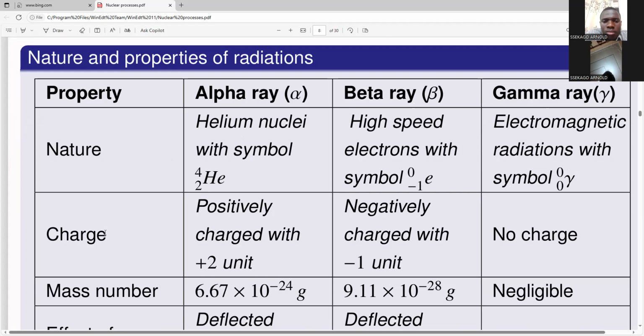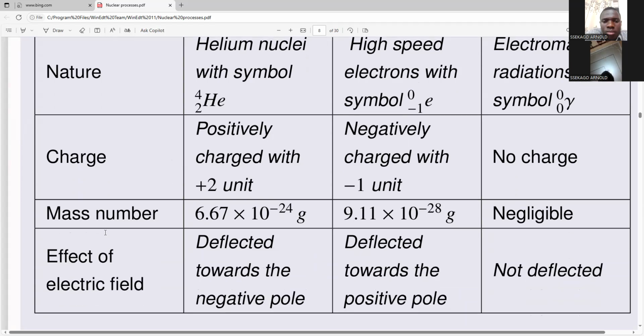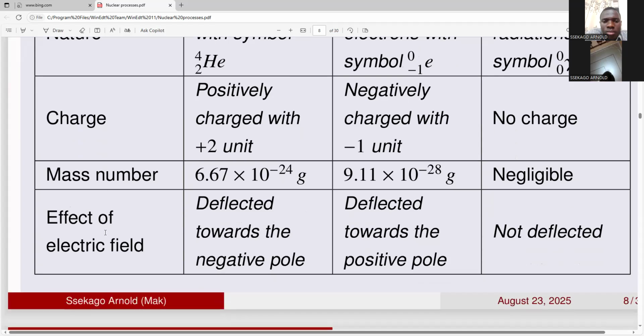Next, we look at the charge of these particles. Alpha particles are helium particles, so they are positively charged, and they have +2 as their unit.